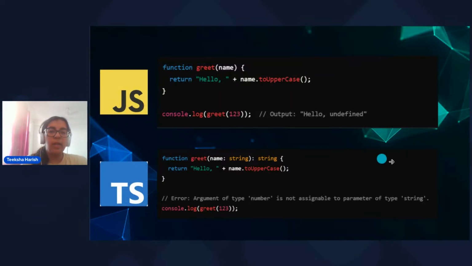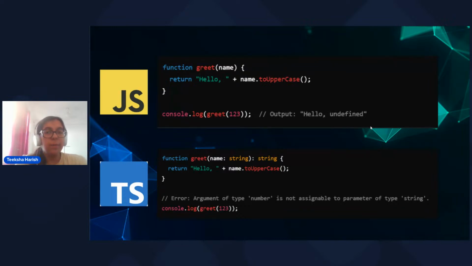But for example, while running the code, if the user inputs the value as 123, which is an integer, then when this function is called, 123.toUpperCase would not be valid, as this function is only valid on strings. So we would get the output as hello undefined. So then the user would have to go into the code to see why it is coming undefined. They would have to see, okay, there is a type mismatch, that's why it's coming there.